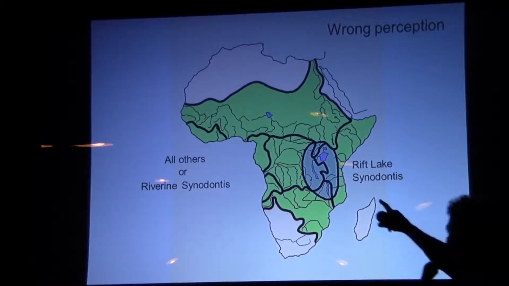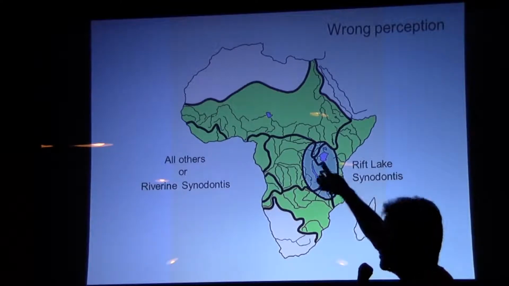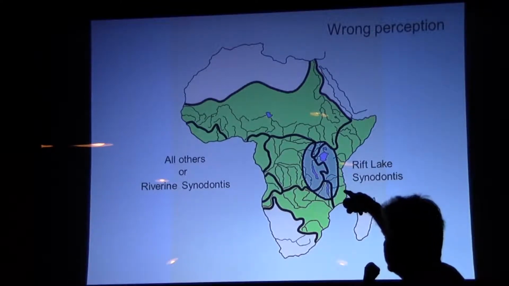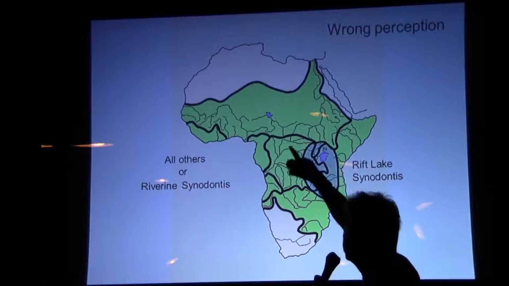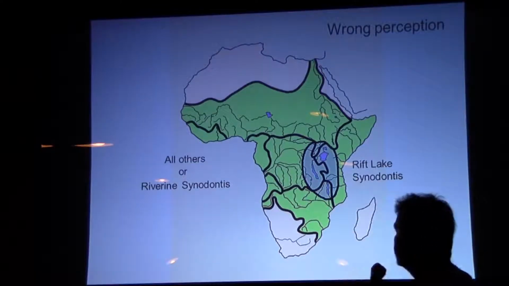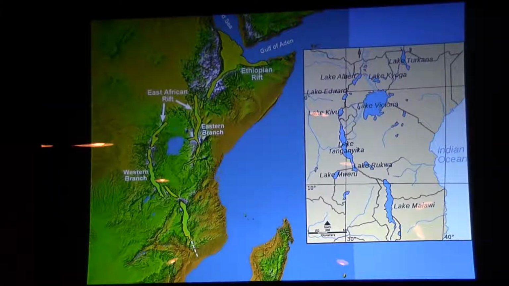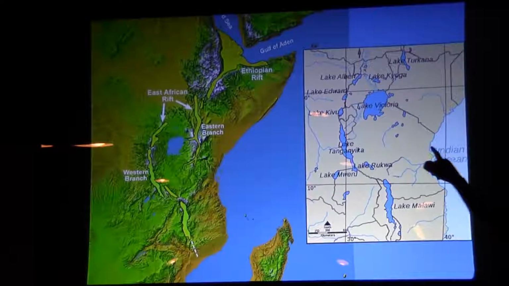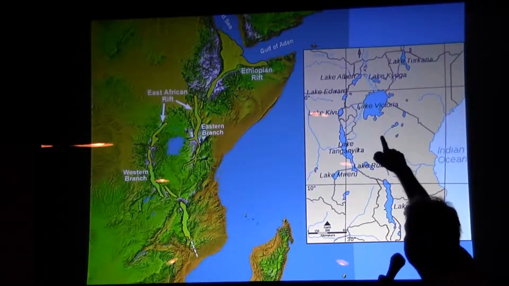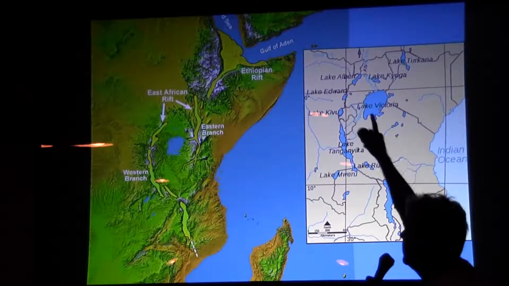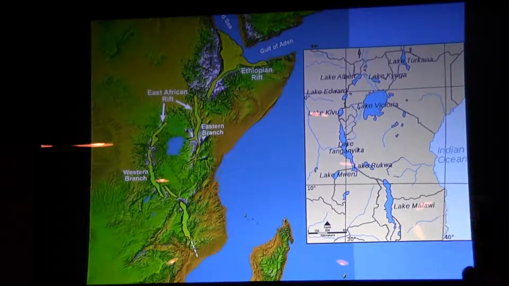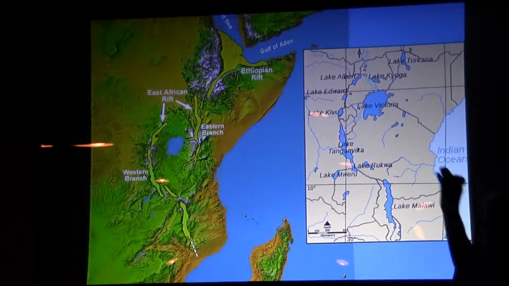In the Rift Lakes, everybody has the perception that you've got your Rift Lake Synodontis, and then you've got everything else, and that's not really correct. When you're talking Rift Lakes, we've got Lake Victoria, Lake Kivu, Lake Edward, all those little ones up there. They all flow northward towards the Nile River and drain out that way.